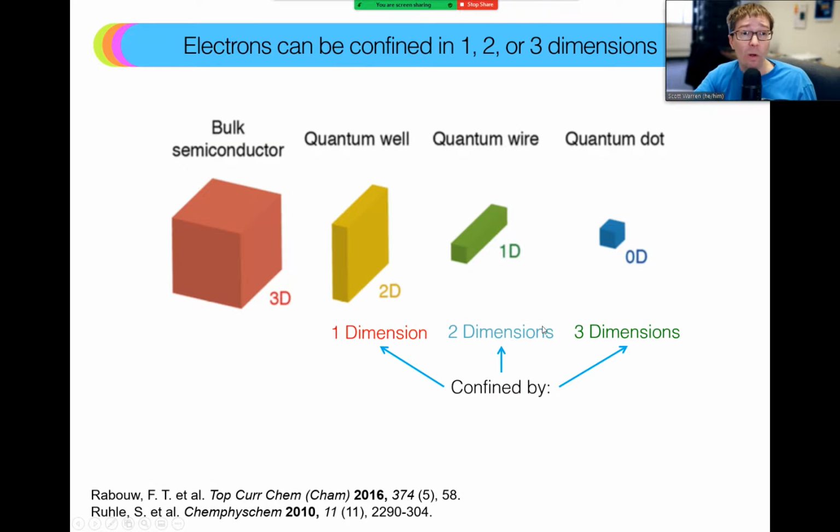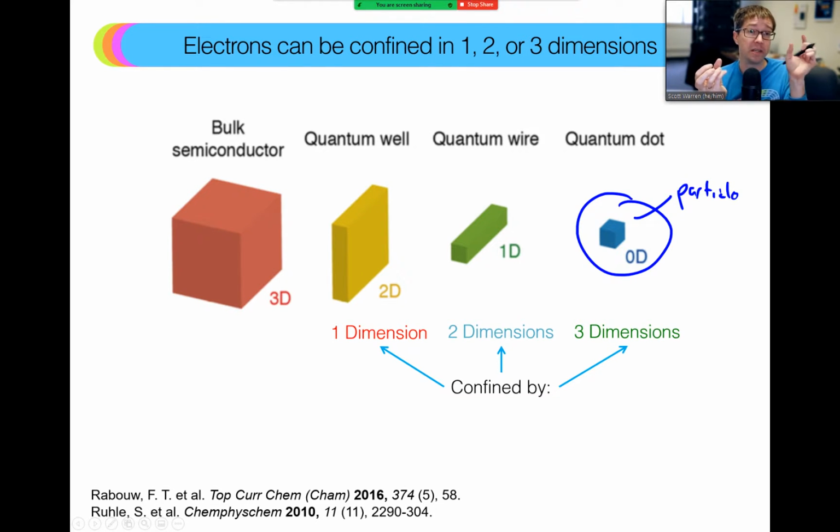Okay, and there are many ways that you can implement quantum confinement. You can implement quantum confinement as a quantum dot. This would represent a particle where we have electrons that are confined in all three dimensions, x, y, and z.